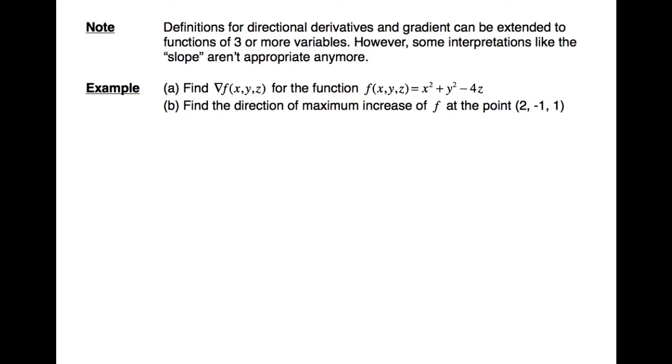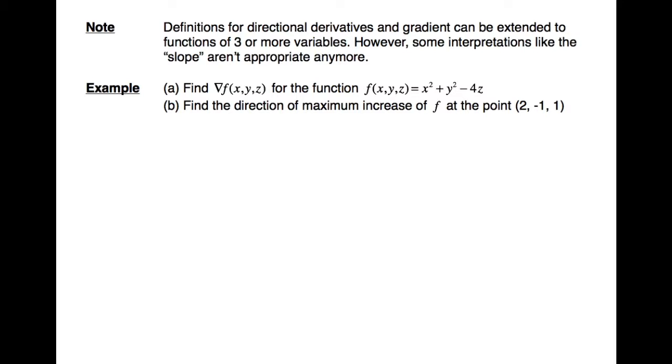Definitions for directional derivatives and gradient can be extended to functions of 3 or more variables. However, some interpretations, like the slope, aren't going to be appropriate anymore. If you think of the problem we saw in part 3 with the metal plate, we could now imagine a function that gives the temperature for a 3D object, maybe the engine of a car, and the temperature at any point in the engine.